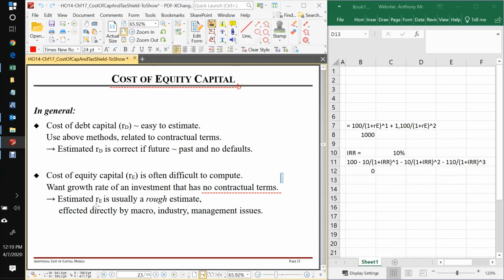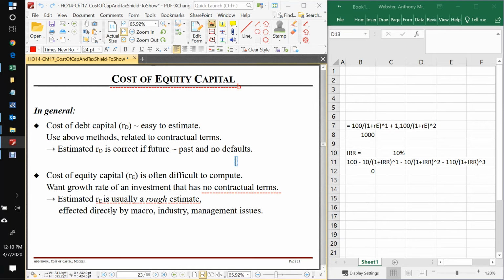So the cost of equity capital for an entity is almost always going to be a rough estimate. Even for the example that we did in the very beginning of this chapter, that was a very rough estimate because the management of that startup company wasn't promising any of the things like the dividends and the repayment of $1 million at the end of 2 years. That was their expectation if their black box company worked out well.